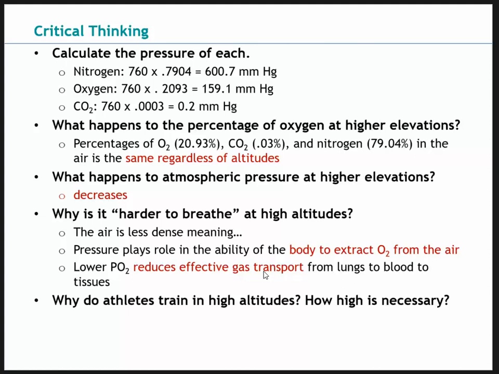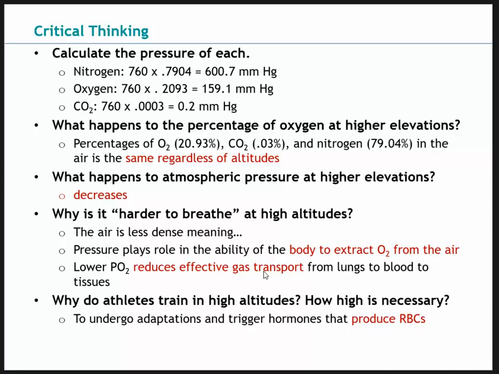But why do athletes train at high altitudes? Why is this a beneficial training regimen for an athlete? Basically because it allows our body to undergo adaptations. It triggers hormones that produce red blood cells. We already talked about this in chapter 6.